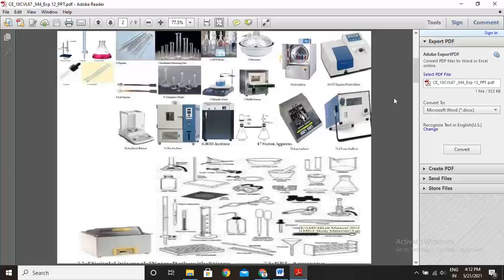All of you remember these apparatus and equipment are helpful to execute environmental engineering laboratory experiments in the lab. So handle them carefully and use these apparatus systematically for the execution of your experiments.